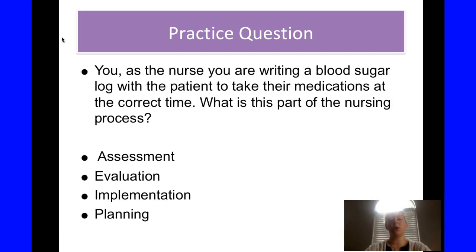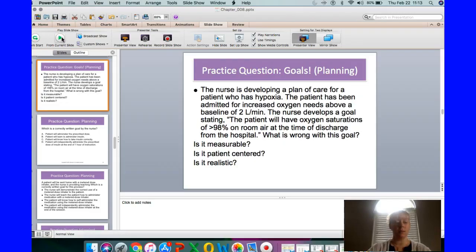You as the nurse are writing a blood sugar log with the patient to take their medications at the correct time. What part of the nursing process is this? You're writing a blood sugar log with the patient. That would be planning, you're making goals. All right, and that is it.